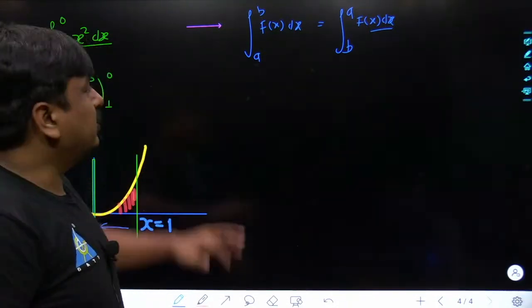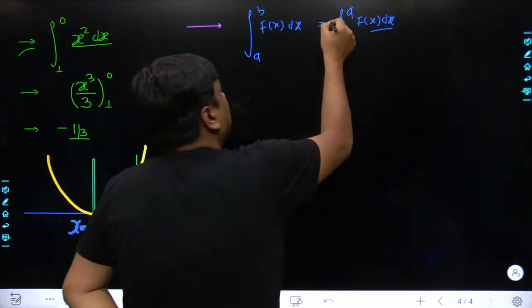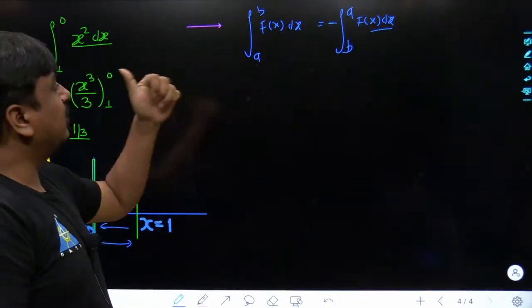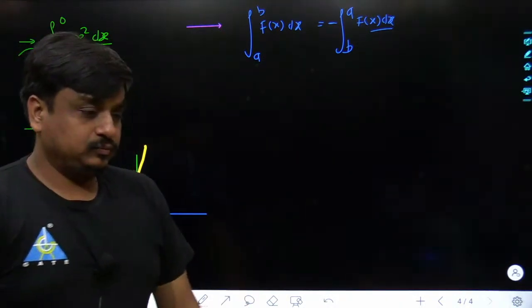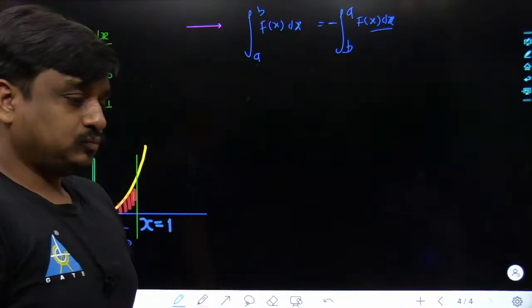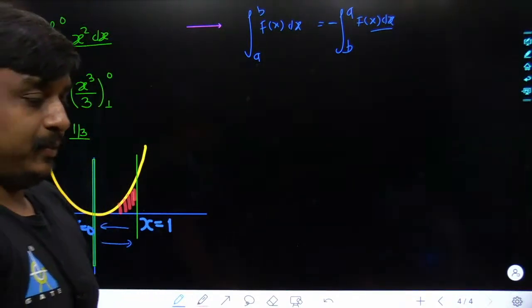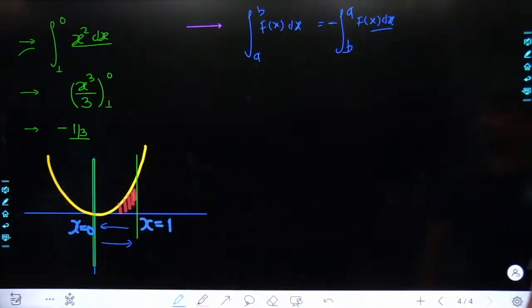But no. Once we change the order of the limits, what happens? The minus sign comes into the picture. Why does it come into the picture? Because you have changed the movement of the limit. Tell me, is it clear?